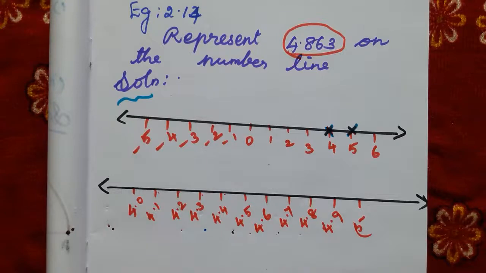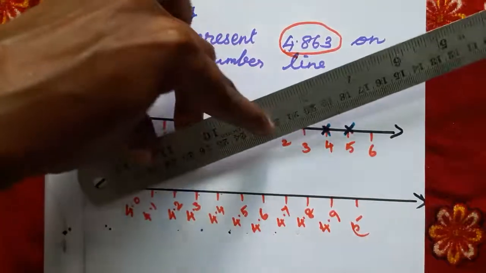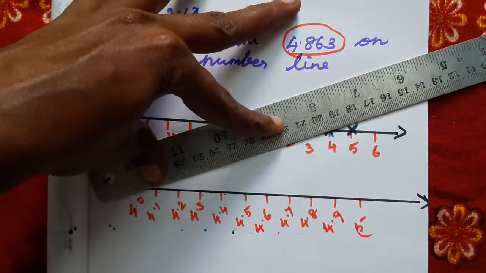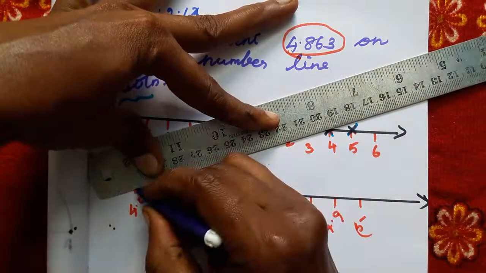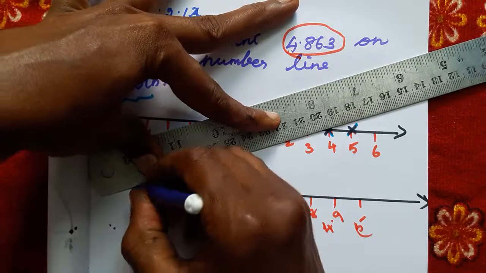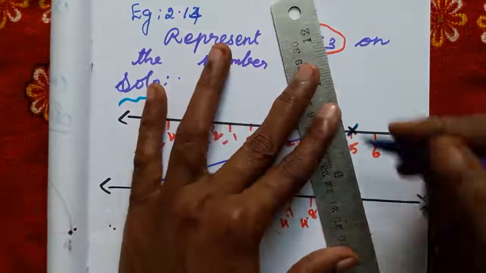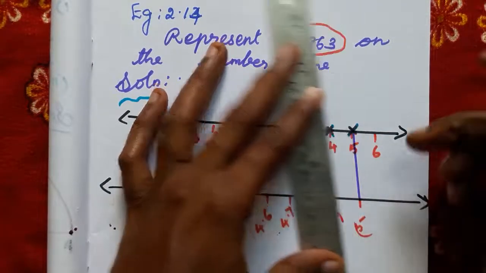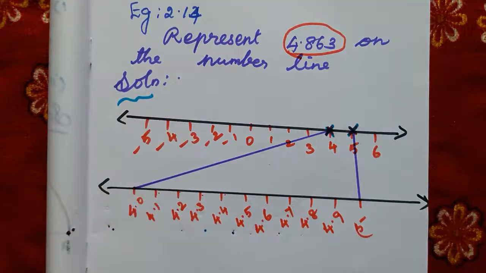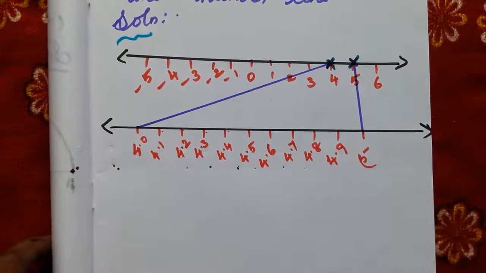Now we have to join 4 to 4 and 5 to 5. Do you understand this?